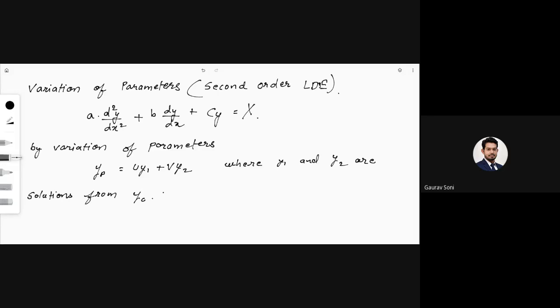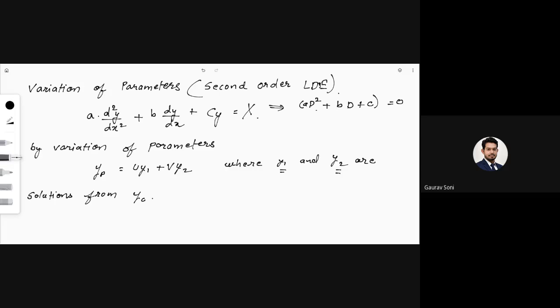So to make ourselves clear what is y1 and y2, we look at this linear differential equation. As you can see, the auxiliary equation for this will become a d square plus b d plus c equal to 0.